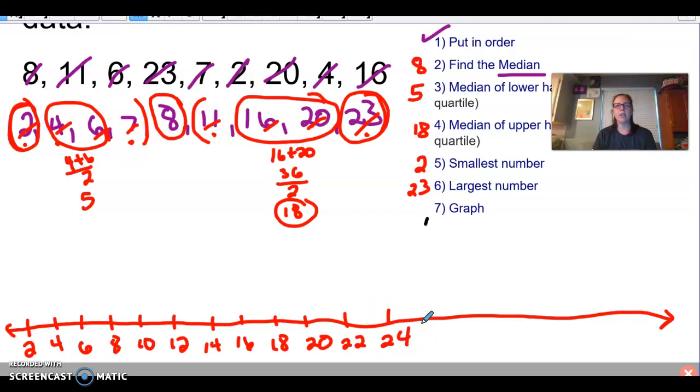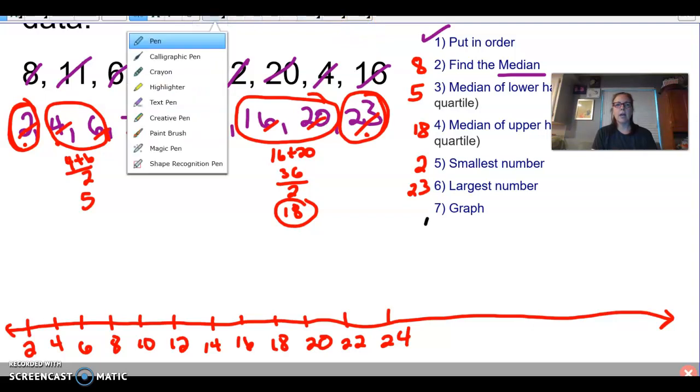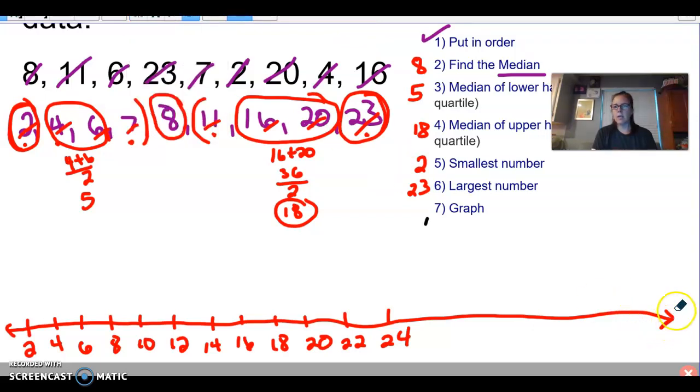That's all I need, so I don't even need the rest of this line. You can erase it. You can leave it. It does not matter. I'm going to erase it just so we don't get confused. If you can write smaller, then do it, and you can go by 1s.